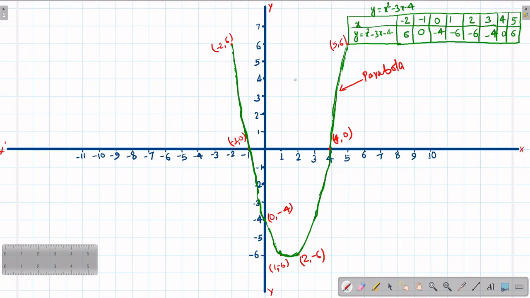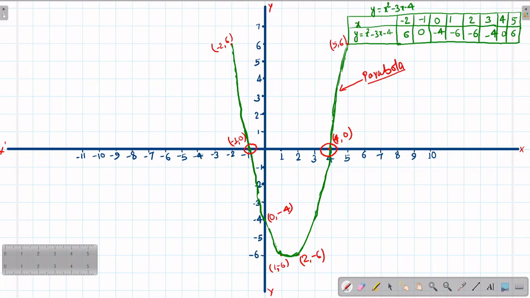In the other case, maybe that face is opening downward. So this type of graph is called a parabola. And again you find here that this parabola is intersecting the x-axis. One is this point and the other is this point.